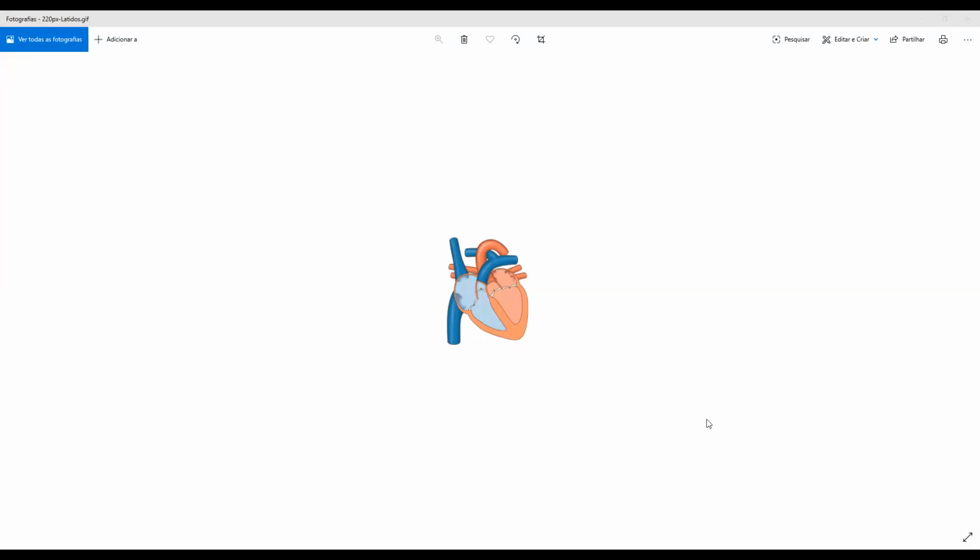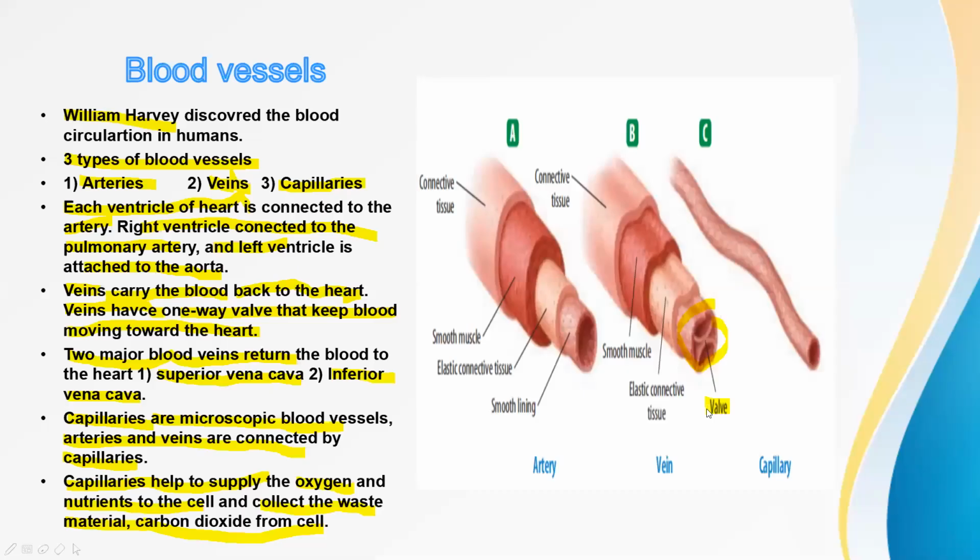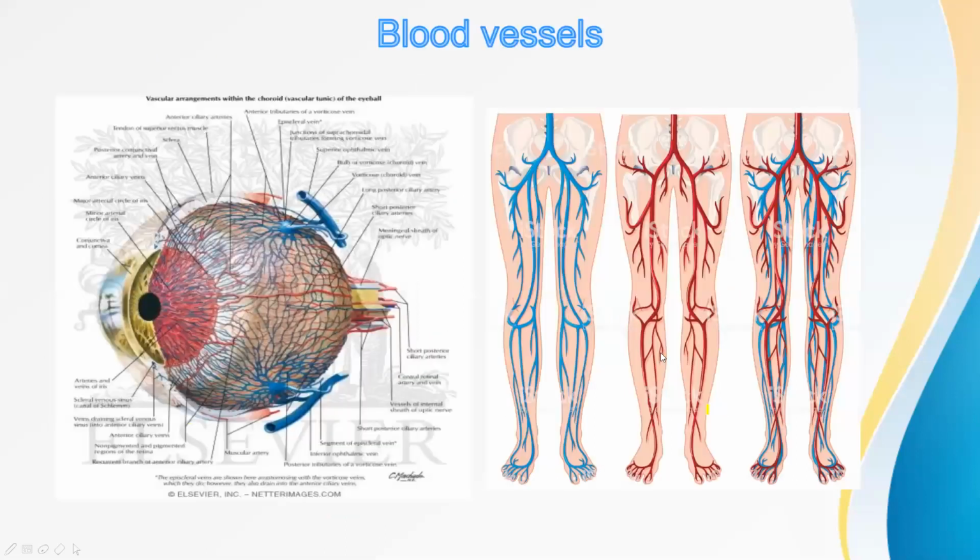You are seeing on the screen how the blood vessels, these arteries, you are seeing in the red color, this part, this is an artery. So these are the arteries, and these small blood vessels we are calling the capillaries.